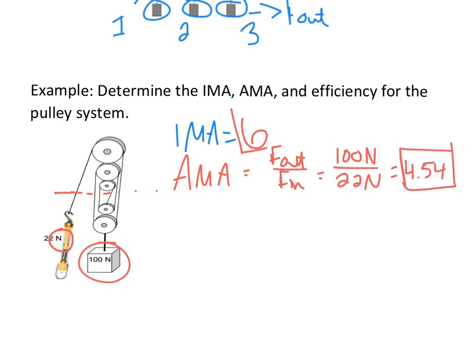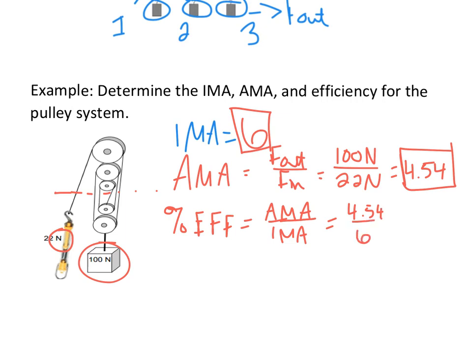So AMA of 4.54, IMA of 6, percent efficiency is equal to AMA over IMA, and that's going to equal 4.54 divided by 6 times 100%, and we get a percent efficiency of 75.8%.